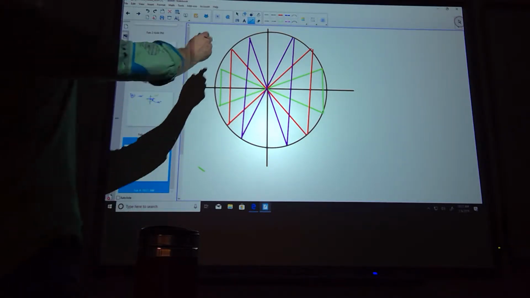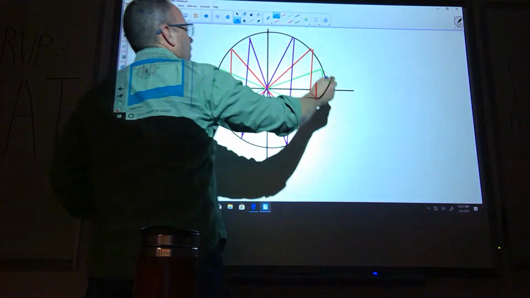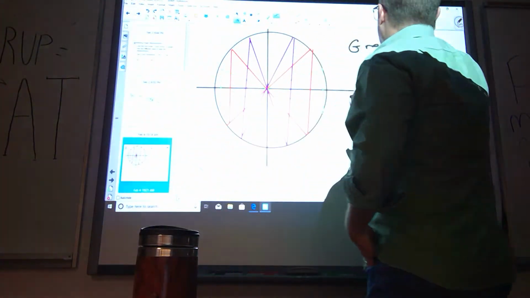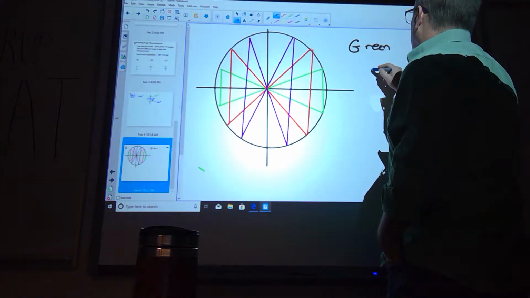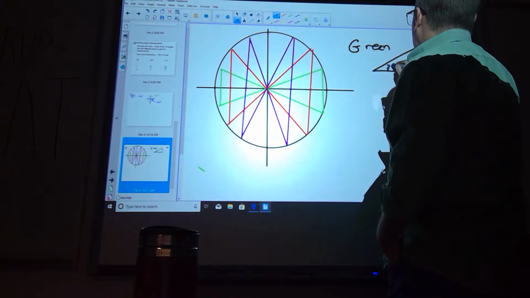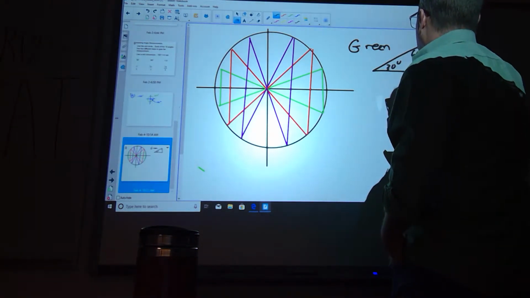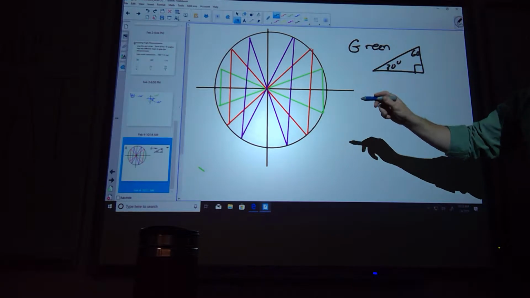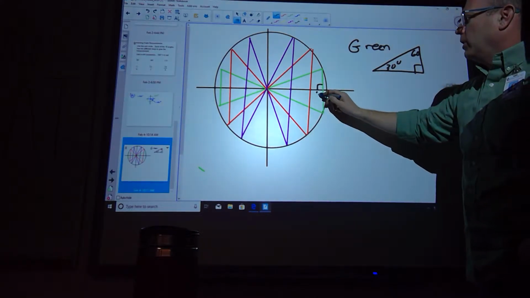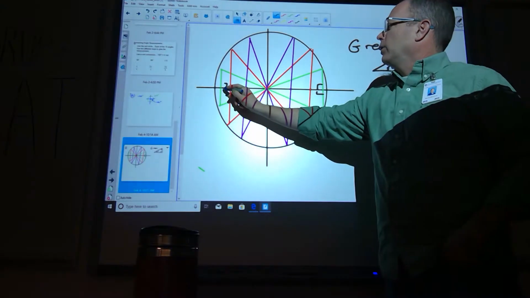All this really is, though, is, so the green is the 30, 60, 90. So no matter where the green is, here's the right angle, here's the right angle, here's the right angle, here's the right angle.